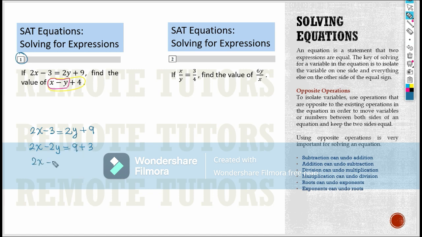Now, 2x minus 2y gives 12, and if I divide both sides by 2, I will get x minus y equals 6. As you can see here, we've got the value of x minus y, so we just replace that here. x minus y is 6, and 6 plus 4 gives 10.